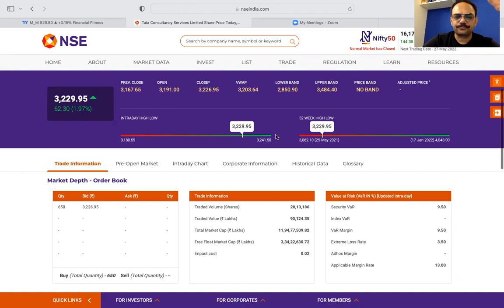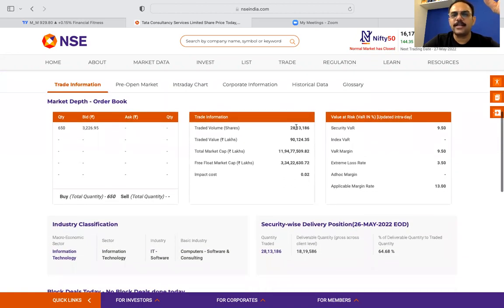It will come here. You will get total traded volume, how many shares were traded, and total traded value of shares in lakhs. Can you see how much? Can I have a yes if you are able to see the traded value in lakhs? Yes, no?